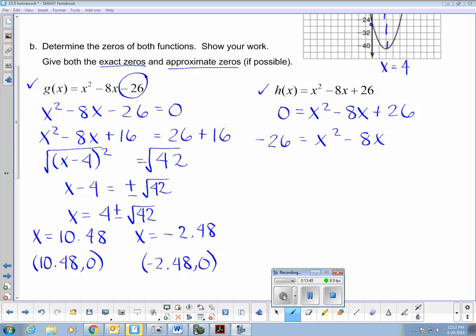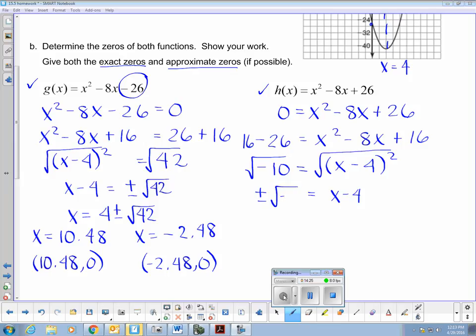Taking half of negative 8, negative 4, squaring that, positive 16, add that to the left, add that to the right, and factor the right side. Again, we get the factors x minus 4 times x minus 4. Taking the square root, I get x minus 4 is equal to plus or minus square root of negative 10.